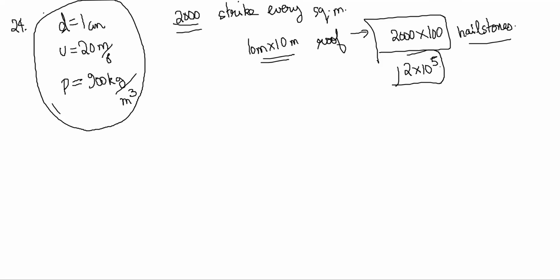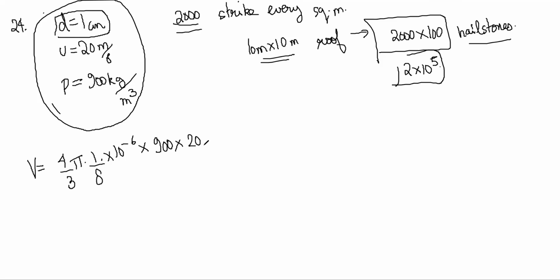The diameter is 1 centimeter, so radius is half a centimeter. Volume is 4 by 3 pi r cube. Radius is half, so 1 by 8 into centimeter cube, which is 10 power minus 6 meter cube. Volume into density will be mass, so 900, and mass into velocity will be momentum. So this will be the momentum of each hailstone.